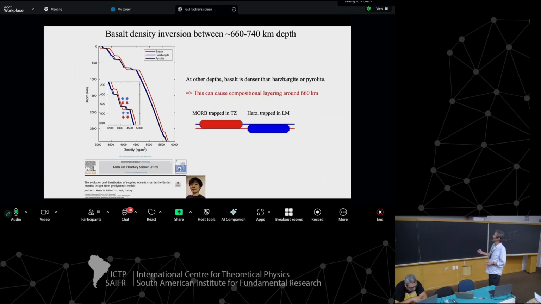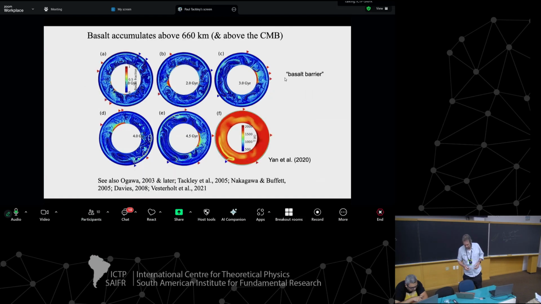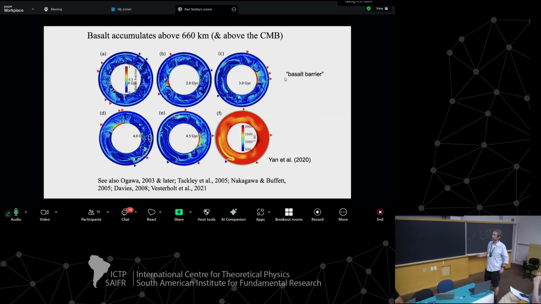So we can see here that you tend to get MORB trapped at the bottom of the transition zone, and by the same mechanism, harzburgite can also get trapped at the top of the lower mantle. And this has been seen in various simulations that have been published over the years.